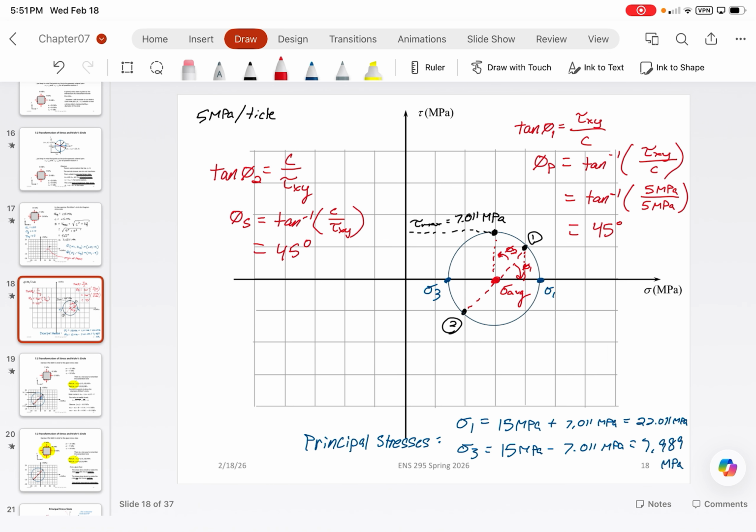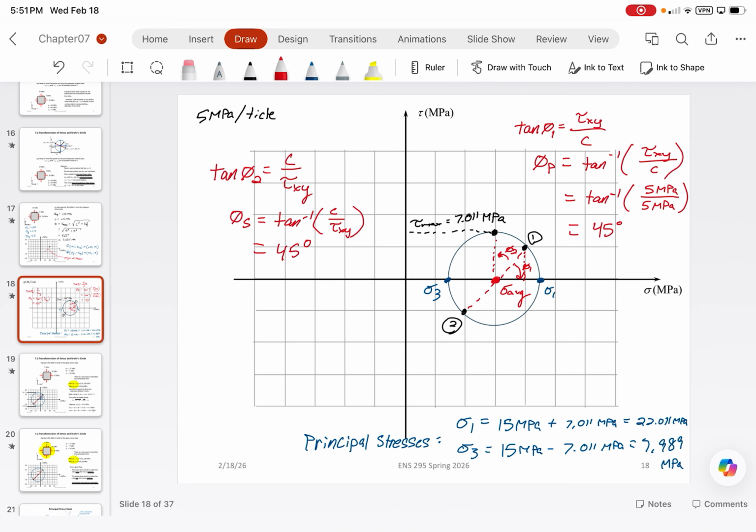You remember that with our general stress equations? It was cosine squared 2 theta or cosine of 2 theta. What this means is that every angle in the Mohr circle is technically 2 degrees in the real plane, or half a degree in the real plane.